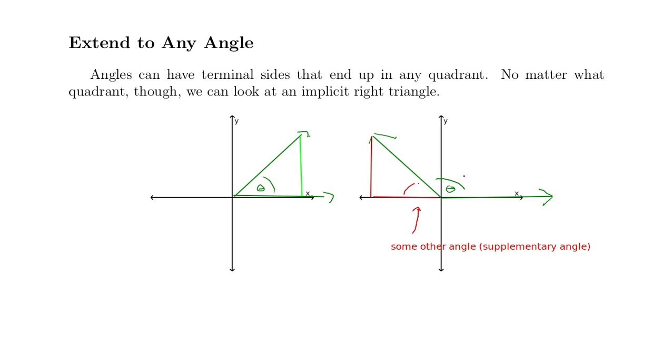What we mean when we say it's supplementary is that if this is some angle like theta prime, then that plus theta is equal to 180 degrees, or equal to pi radians. That's an equal sign. There we go. So whatever this angle is, plus this green angle, that's just going to add up to 180 degrees. So we can look at some right triangle, and then we could go ahead and do some trig stuff on here.